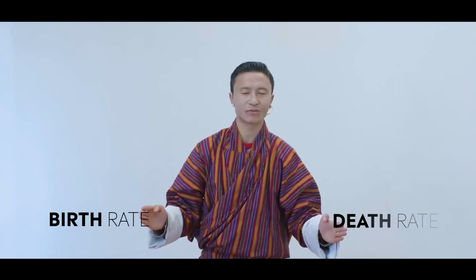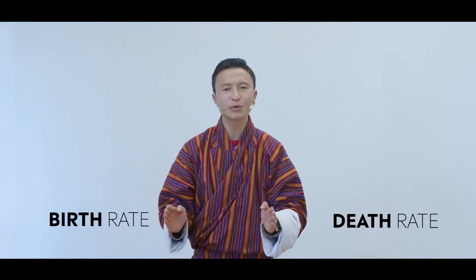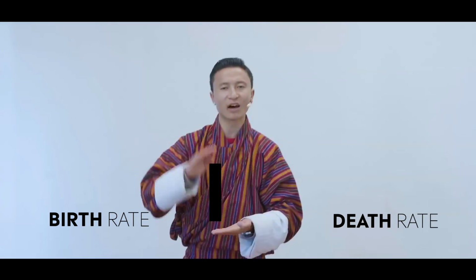Let me explain the natural change in population. Natural change in population takes place when there is a difference between birth rate and death rate. When the difference between birth rate and death rate is high, the rate of increase is also high.